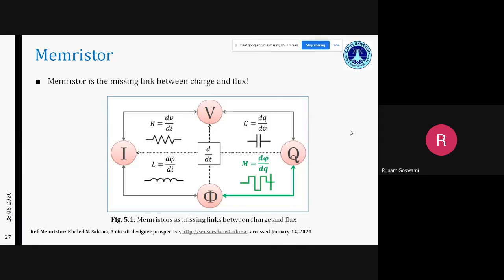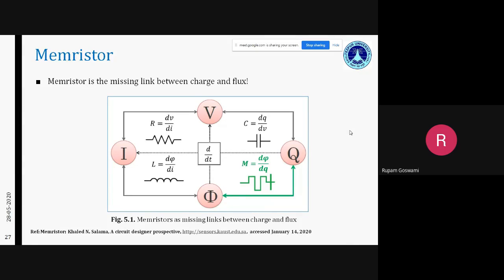Now, one question which appears here is: what was this memristor doing during all this time? Why had people not tried to see this missing link? The answer is that the link between charge and flux was reported by Leon Chua in the 1970s, theoretically.